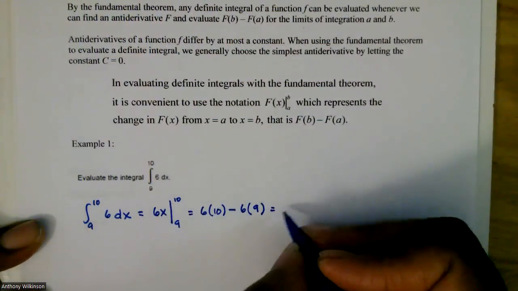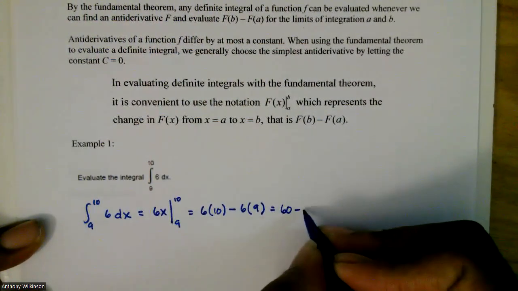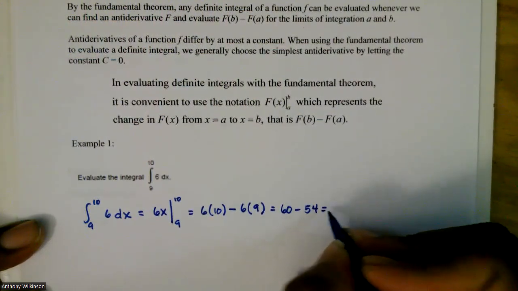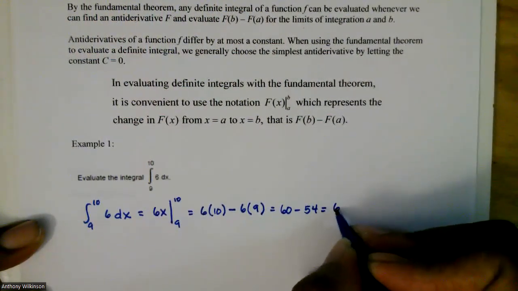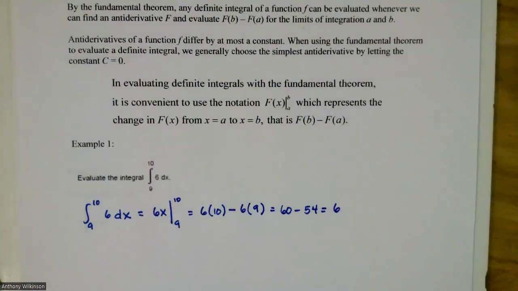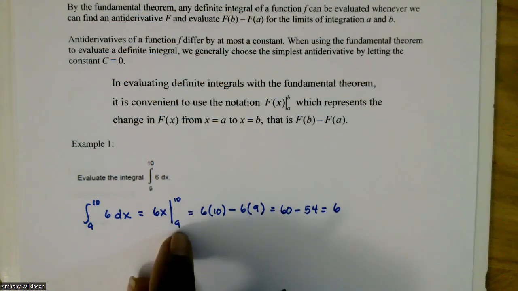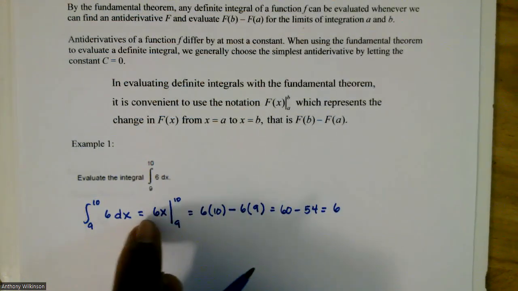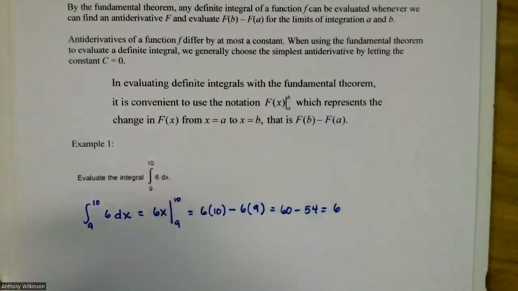So 6 times 10 will be 60, minus 6 times 9, which is 54. 54 from 60 leaves us with 6. So what that 6 means, that's the area of the curve from 9 to 10, or between 9 and 10.